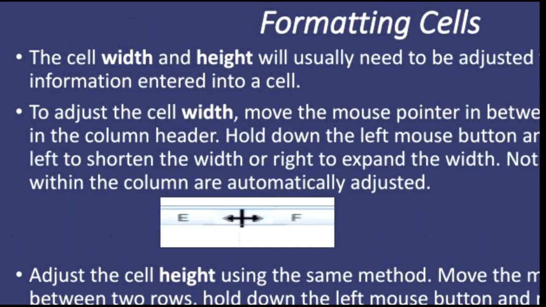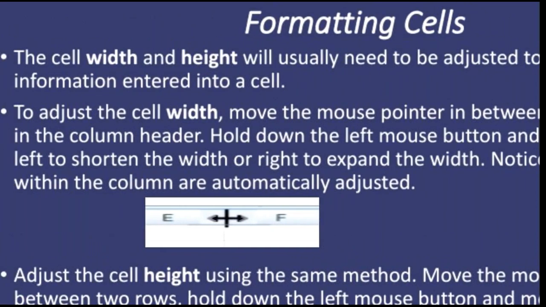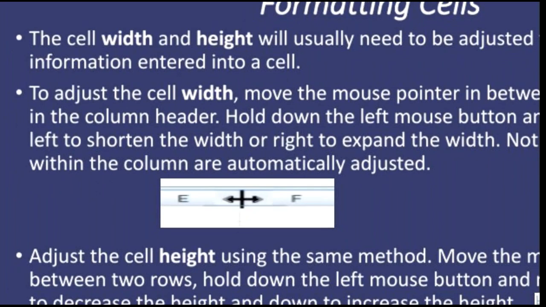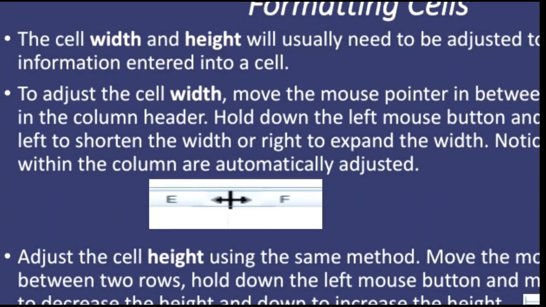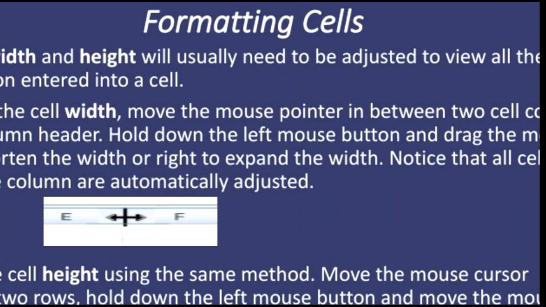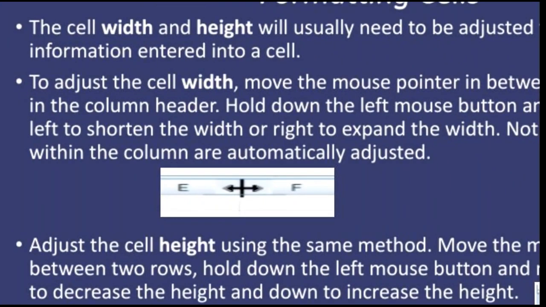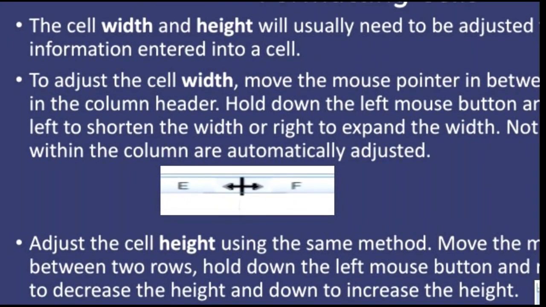Now, when formatting cells, all you need to do is take your mouse. If you want to format the width or the height, you need to adjust the view of all the information entered into the cell. For example, when what you type is too long, the cell covers it and you won't see it.